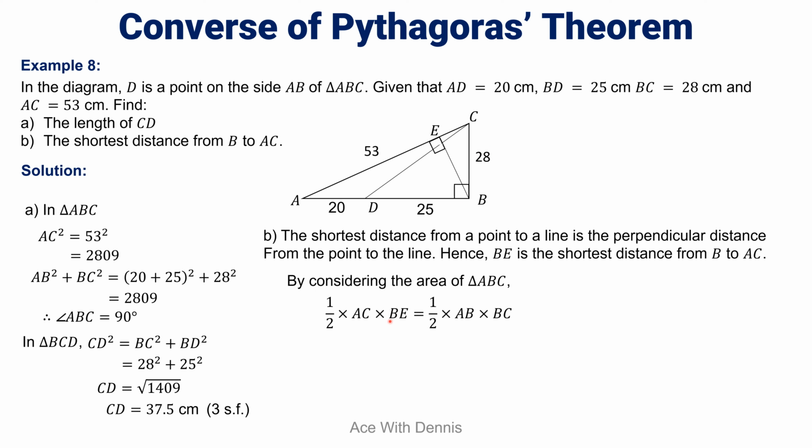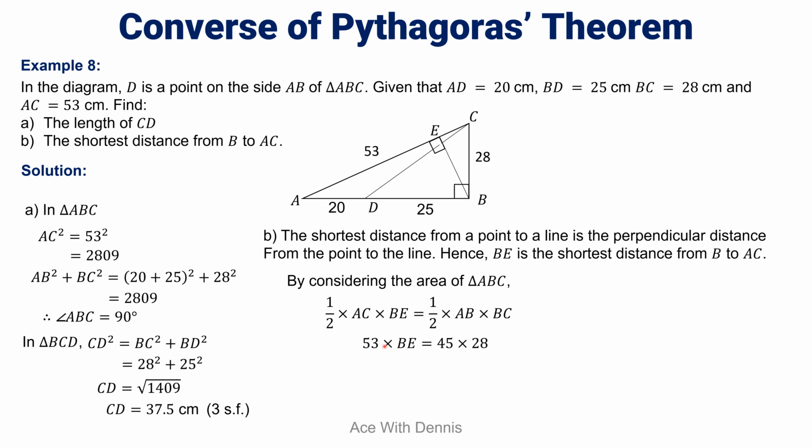As I mentioned just now, since these two are the same triangle, which is triangle ABC, the area will be the same. So from here, we can cancel the half, then substitute AC to be 53, which is given, times BE, which is the unknown. AB will be these two, right, 20 plus 25, which is 45, and then the length of BC is 28.